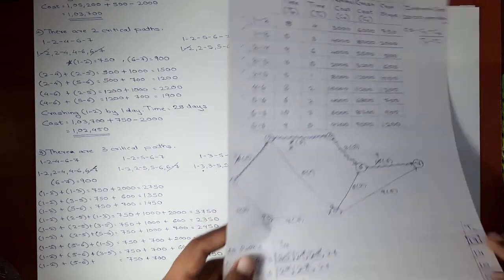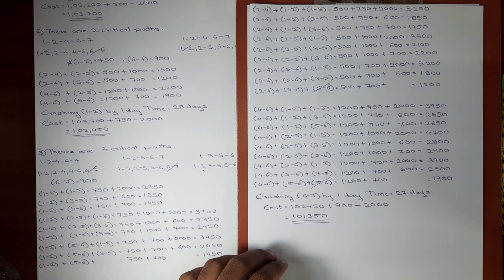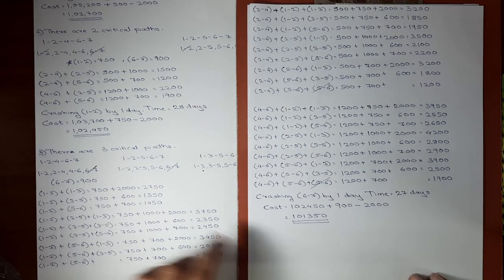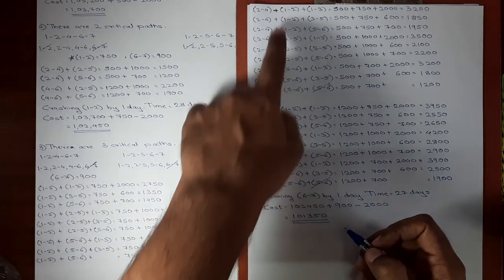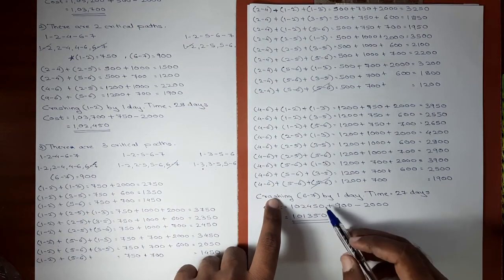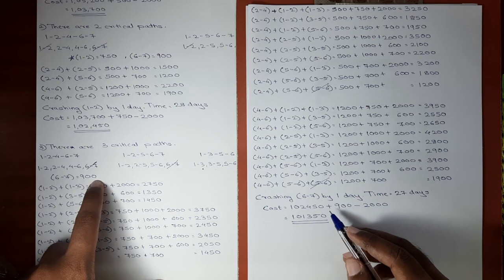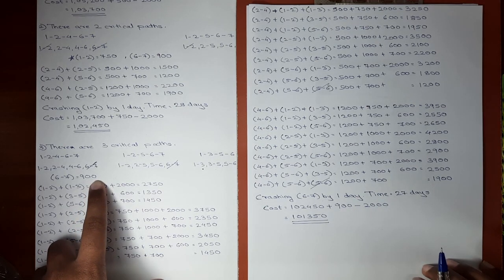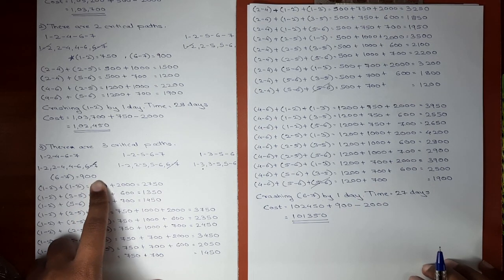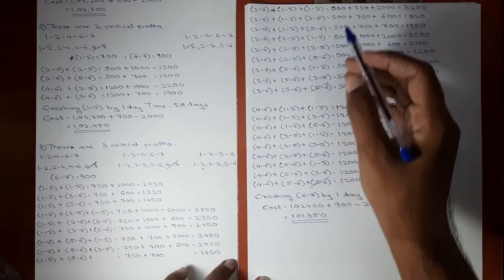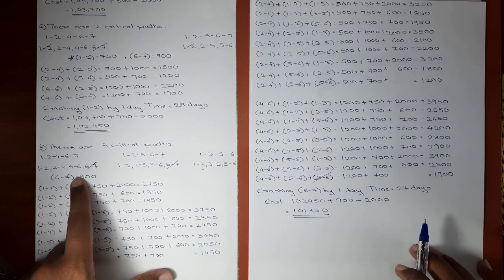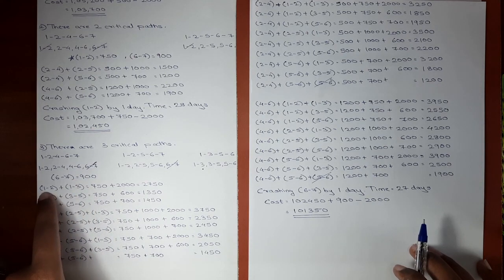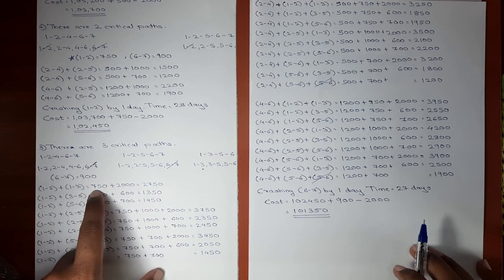Now if you see, for third step of crashing, the lengthy combinations which we made, third step of crashing starts over here, ends over here. So we made these combinations. Least combination was of common activity 6.7. Okay, now you people will say that making these combinations was a waste of time, because for first set, first activity was 1 2, cost slope was 750.